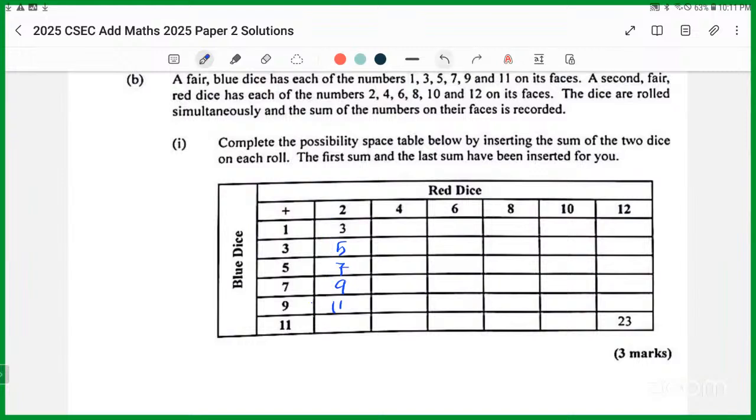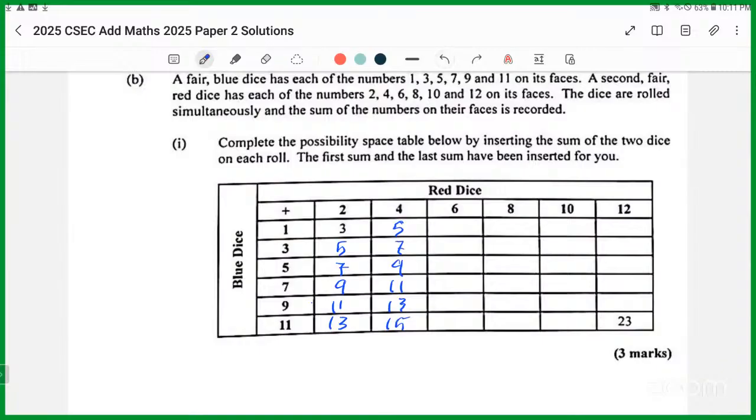Now 4 plus 1 is 5, then 4 plus 3 is 7, and so on: 9, 11, 13, then 15.